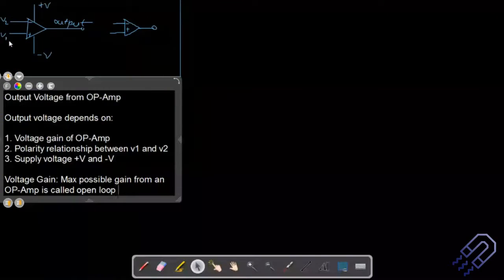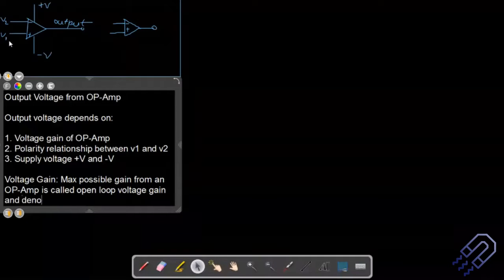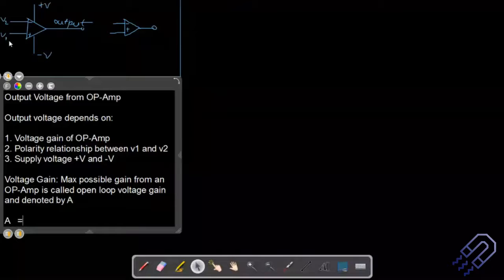There is an important term here, open loop and closed loop, which we're going to look into. Open loop voltage gain is denoted by A sub OL. I'll just write that down. This A_OL is usually 10,000.